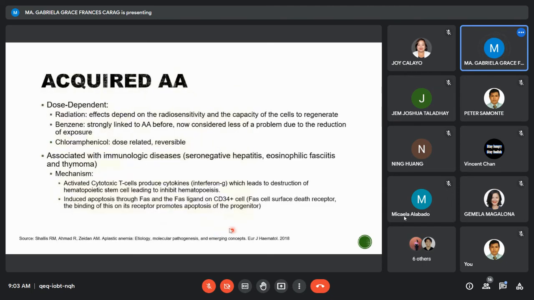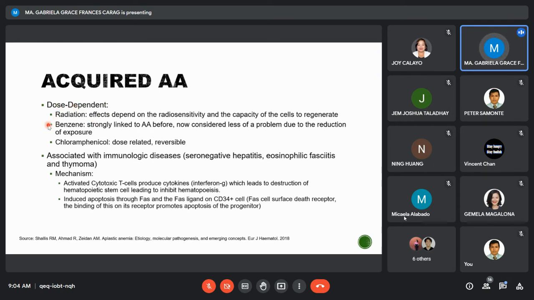Next po. So in acquired aplastic anemia, there are two. Last week I showed two mechanisms po of acquired aplastic anemia. So the first po is the chemical associated aplastic anemia.